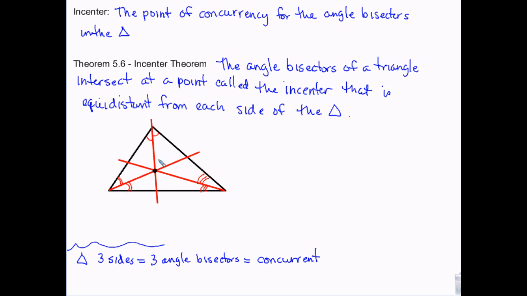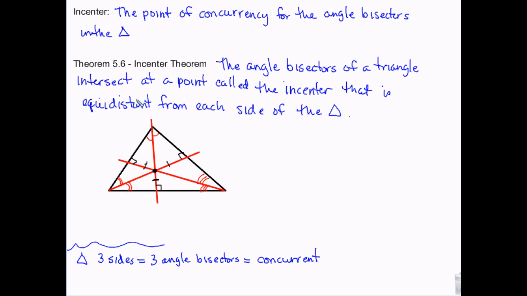And what happens is the incenter is equally distant from each side. When you had the perpendicular bisectors, you're equally distant from each corner. When you have the angle bisectors, you're equally distant from each side.